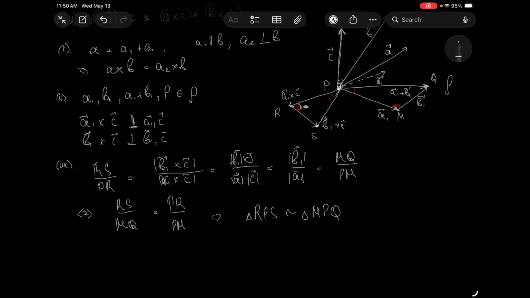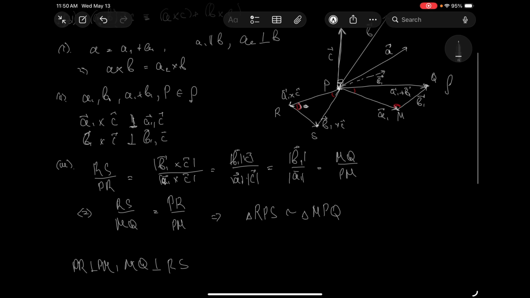And if they are similar, and we know that PR is perpendicular to PM, and MQ is perpendicular to RS, right?